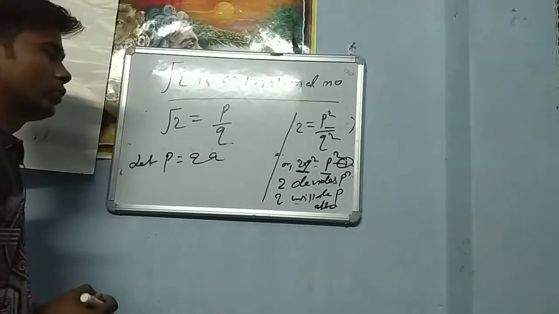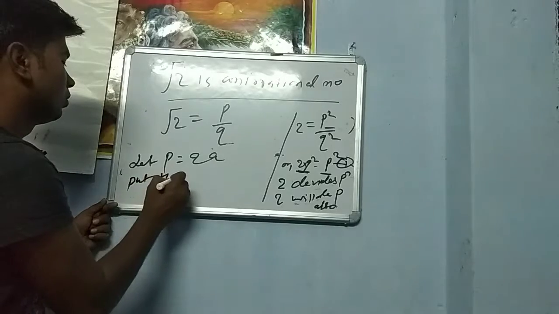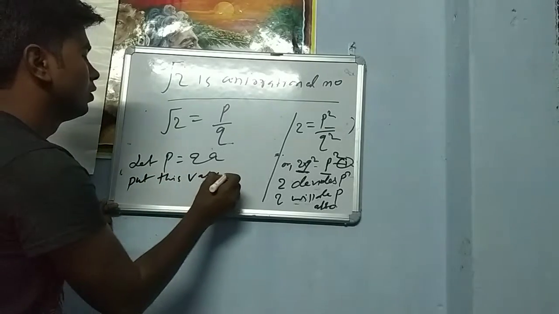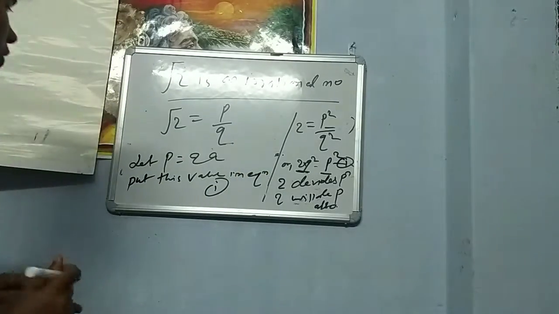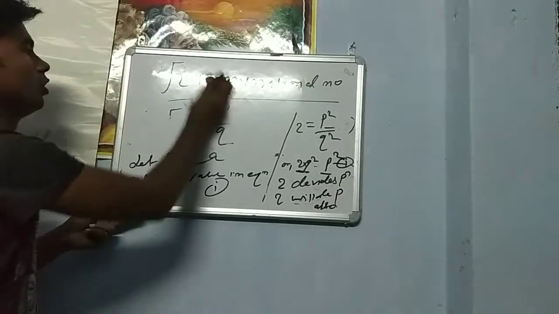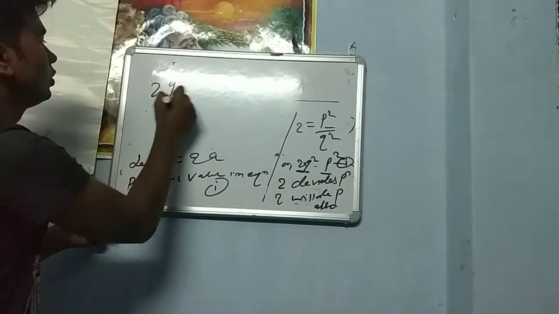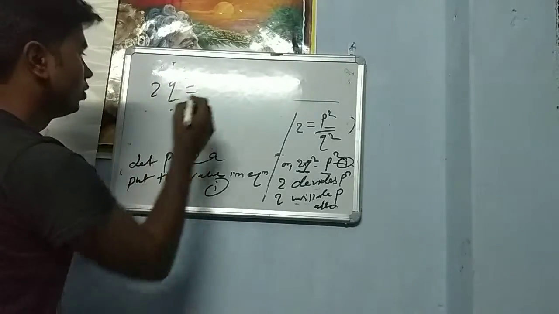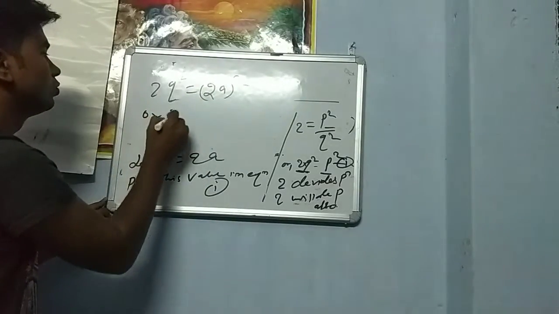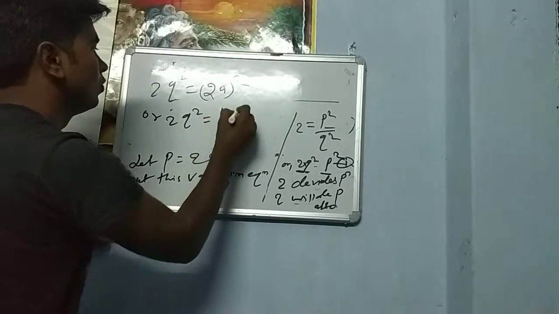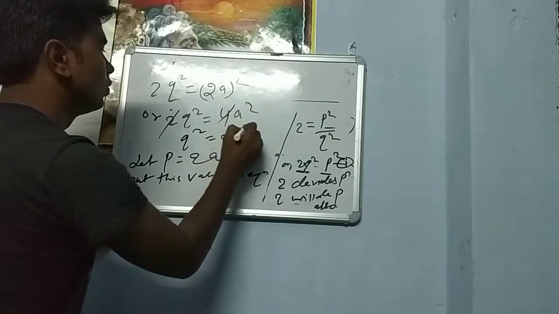So p is equal to 2a, and again put this value in equation 1. So by putting this value we will get 2q square is equal to 2a to the whole square. So 2q square is equal to 4a square, so 2 cancels, q square is equal to 2a square.